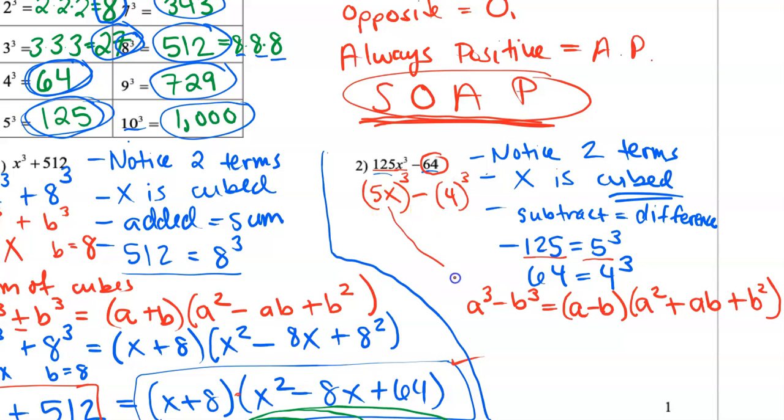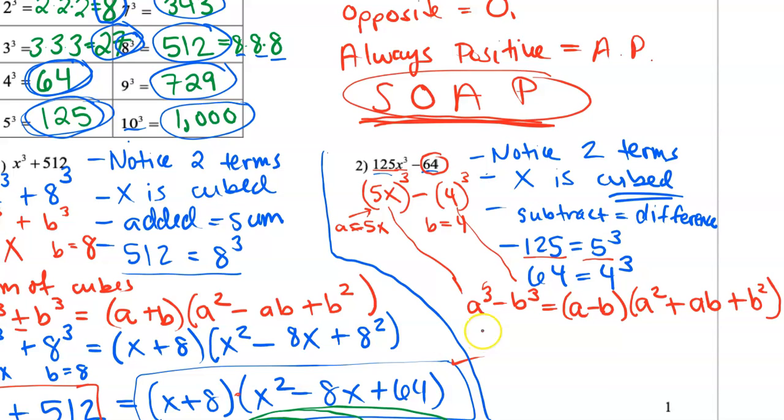So when I'm trying to match it up to the a cubed and the b cubed, I could say, well, a is 5x and b is 4. And it's 5x cubed, that's a cubed, minus 4 cubed, which is the b cubed from the difference of cubes formula.